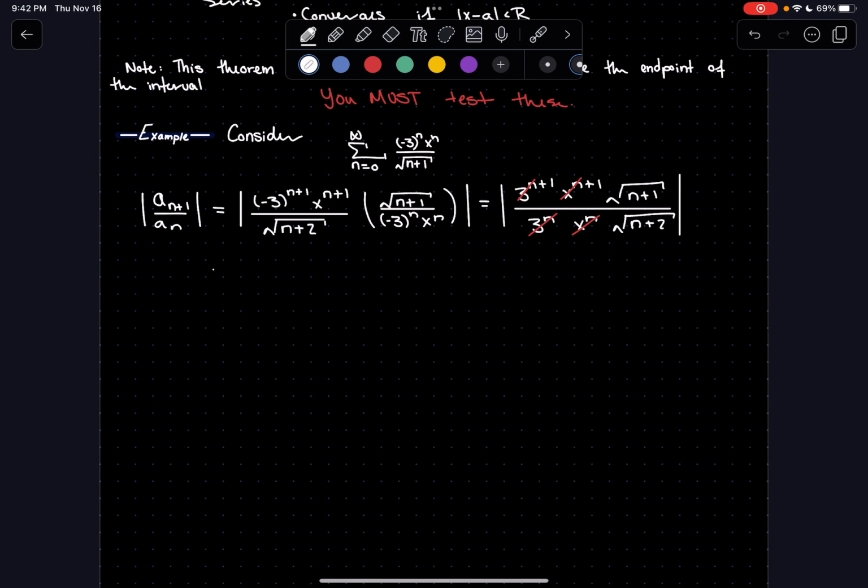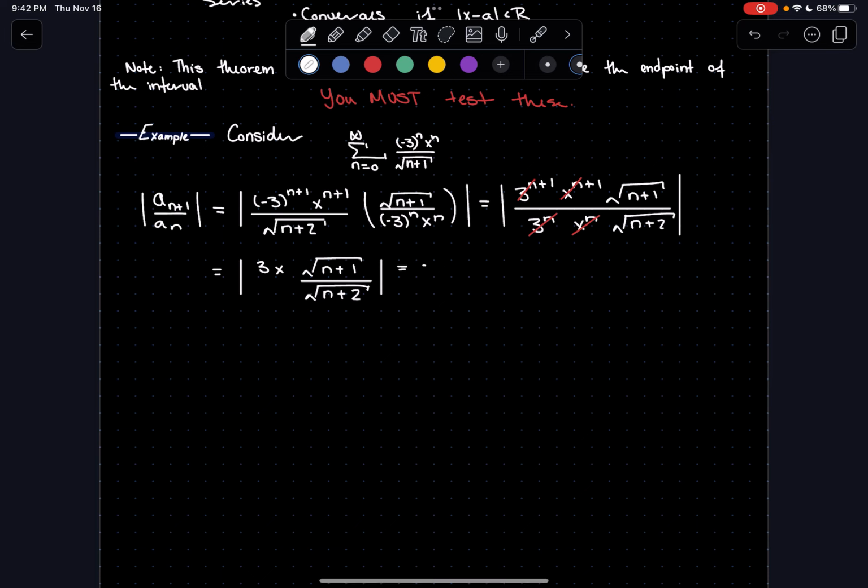So in the end, I get that this is equal to, I said there's a 3 left over, there's an x left over, right, times the square root of n plus 1 over the square root of n plus 2, right? And absolute value, I can simplify this a little bit more.